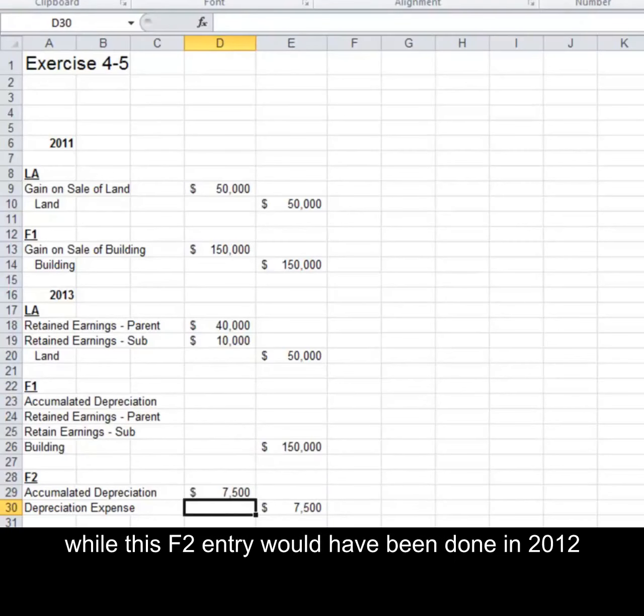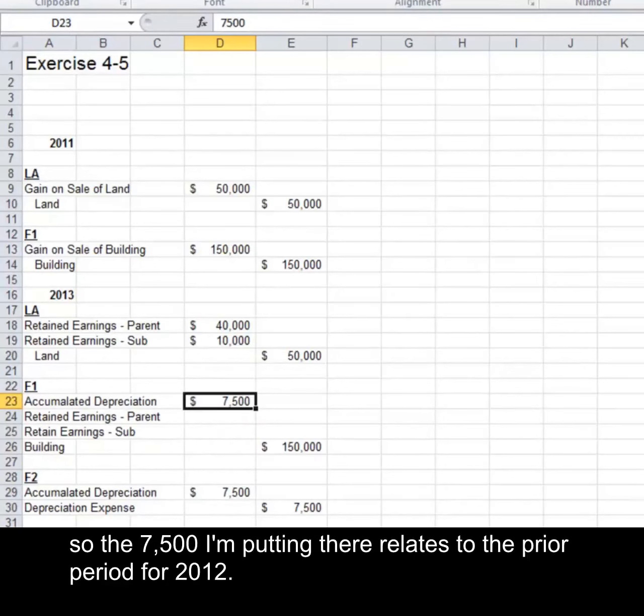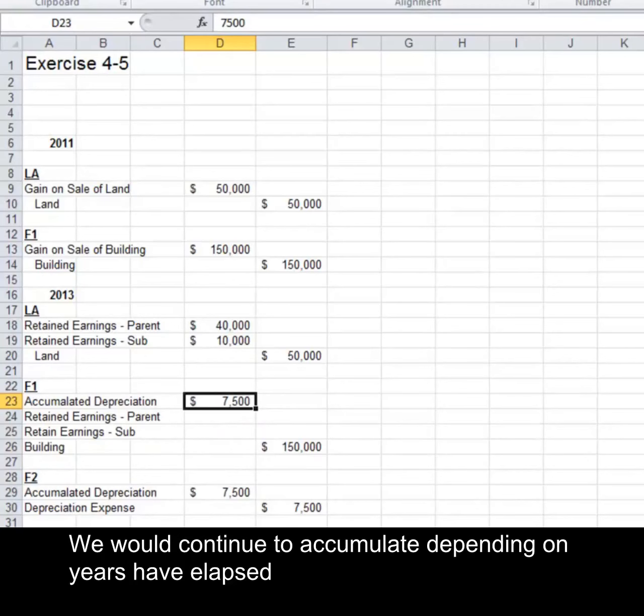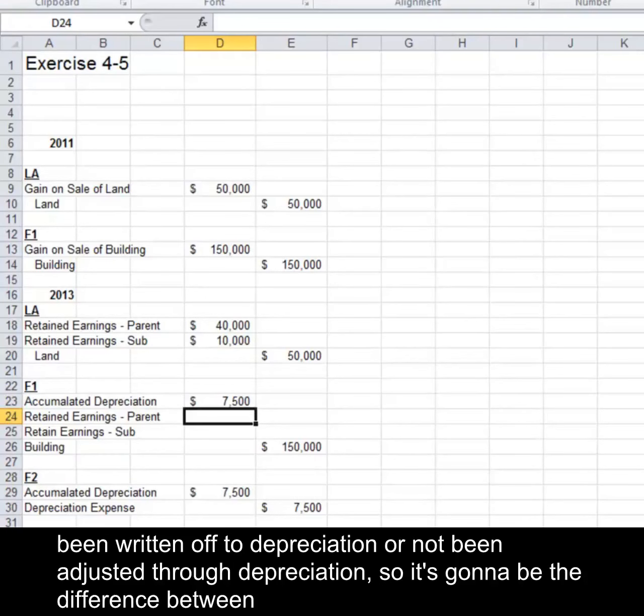This F2 entry would have been done in 2012, and remember the worksheet doesn't get closed to a ledger, so we have to accumulate what would have happened in prior periods. So the $7,500 I'm putting there relates to the prior period for 2012. We'd continue to accumulate depending on how many years have elapsed, and the difference is that remaining gain that has not been adjusted through depreciation.